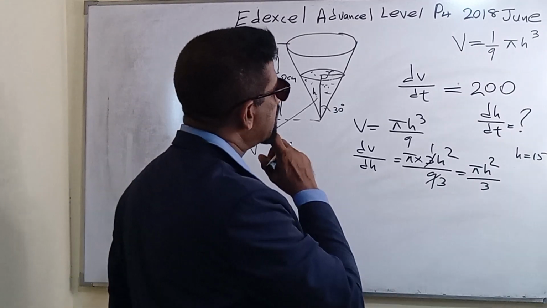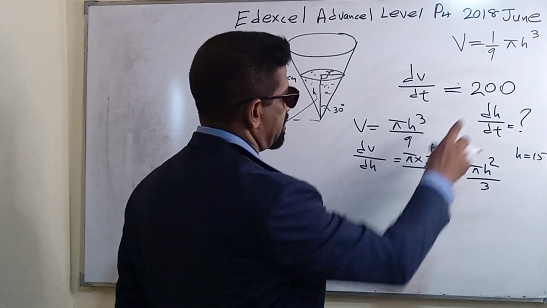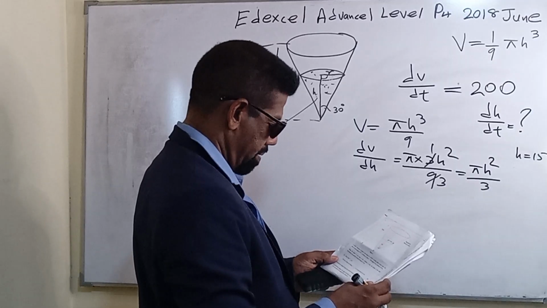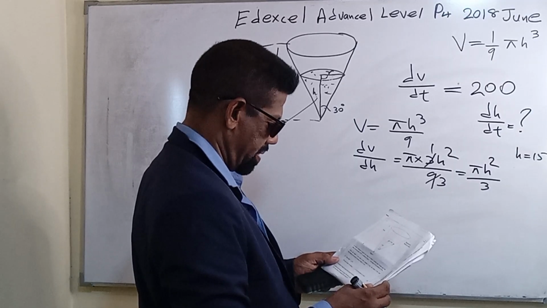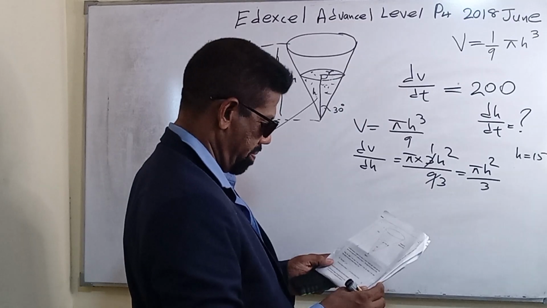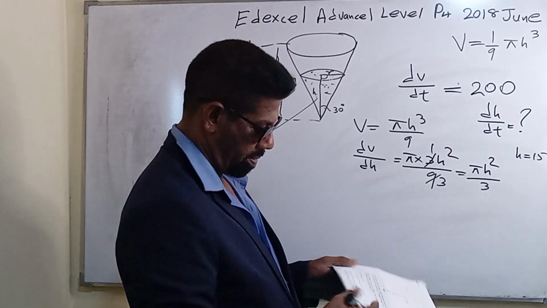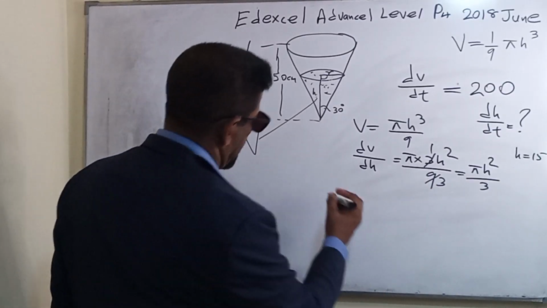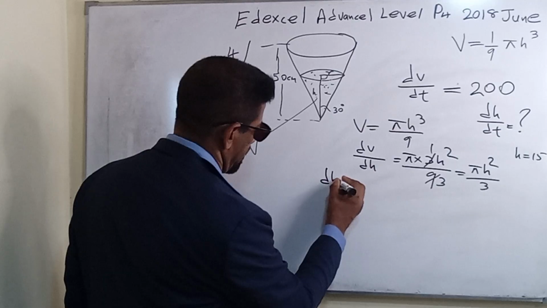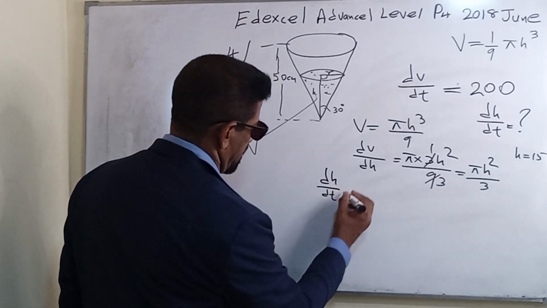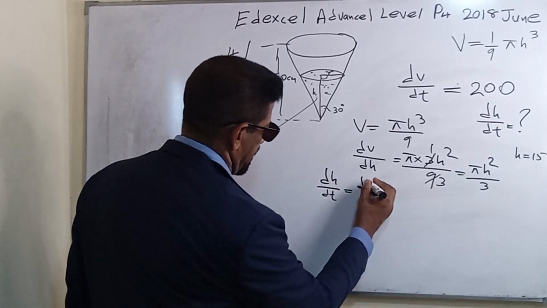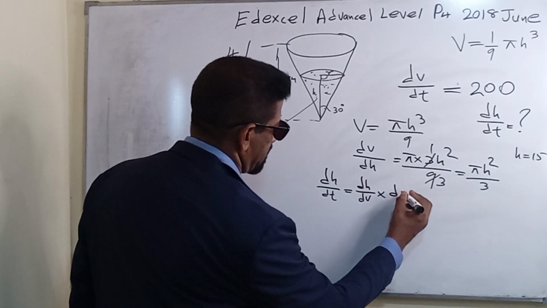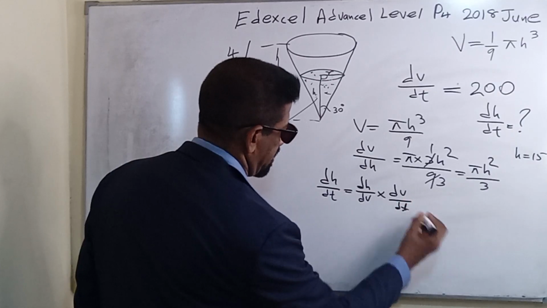Now we need the rate of change of the depth of the water when h equals 15. How to do this? We can write dh by dt equals dh over dV times dV over dt.